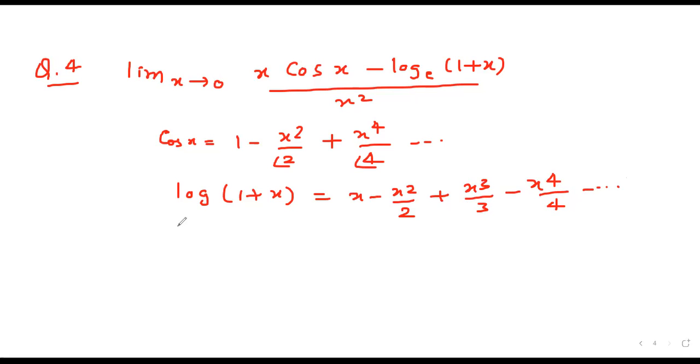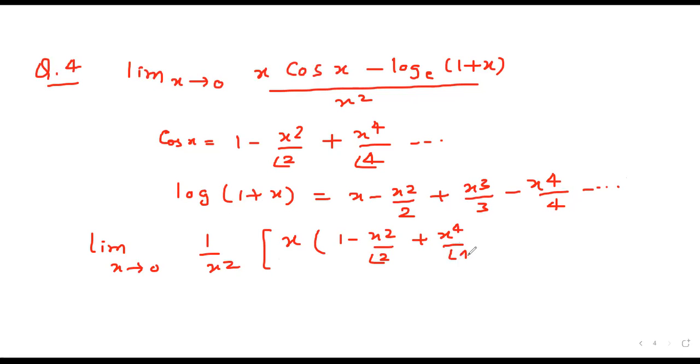So if we put these values, limit x tends to 0, 1 upon x square times [x times (1 minus x square upon factorial 2 plus x power 4 upon factorial 4 ...) minus (x minus x square upon 2 plus x cube upon 3 minus x power 4 upon 4 and so on)].